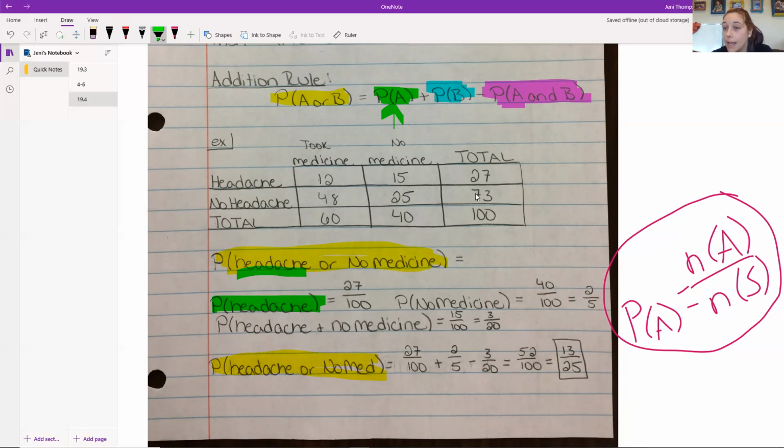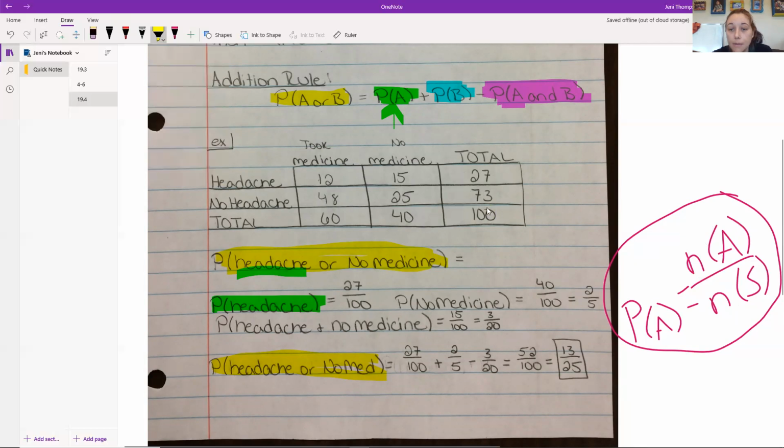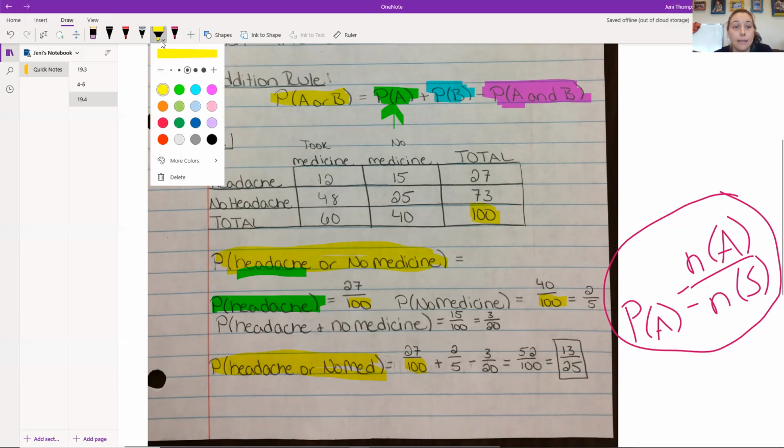We conveniently have all of that information right here in this table. All possible outcomes for every one of our probability fractions is going to be 100. So 100 goes on the bottom of all of our fractions: P(A), P(B), and P(A or B). So that part's done. That's nice.